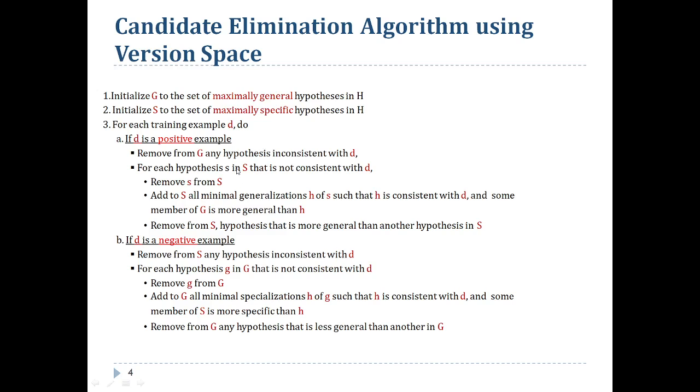If both are the same, no need to change anything. If the attribute value is different from the specific hypothesis value, we replace it with a question mark. If D is a negative example, we check for inconsistent data, and those inconsistent hypotheses we should remove from the general hypothesis. So that is all about the candidate elimination algorithm.